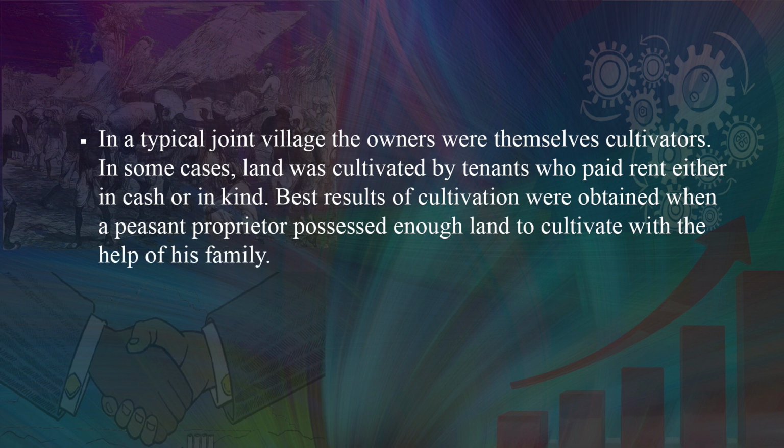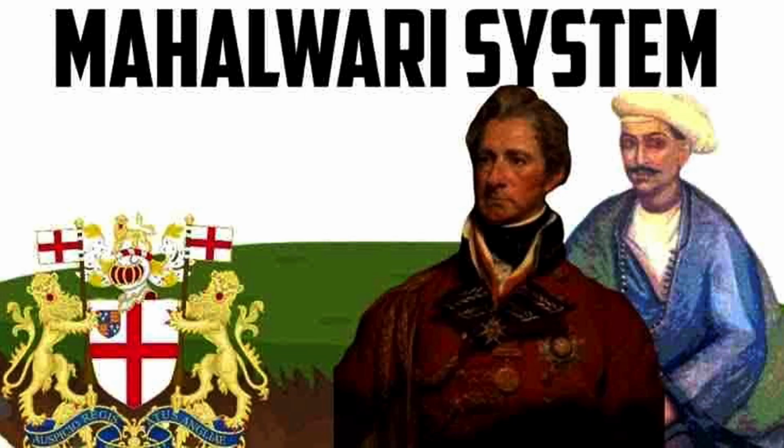Best results of cultivation were obtained when a peasant proprietor possessed enough land to cultivate with the help of his family. The Mahalwari system of intermediaries was abolished as a part of land reforms taken up in 50s.